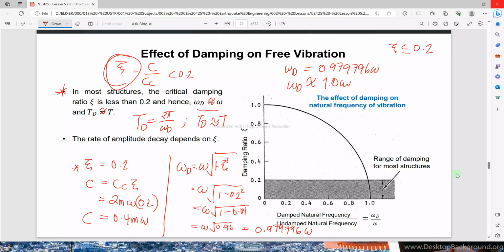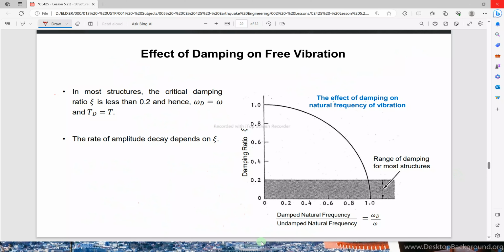So here now we have a graph. This is a graph of the ratio of the damped natural frequency over the undamped natural frequency versus the damping ratio xi.